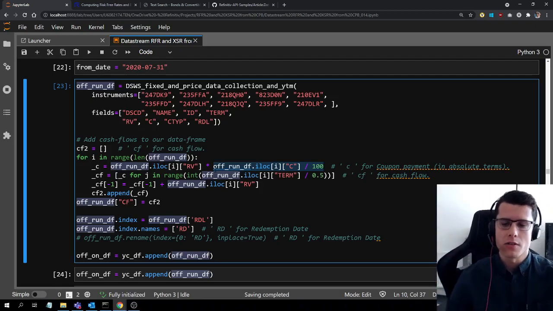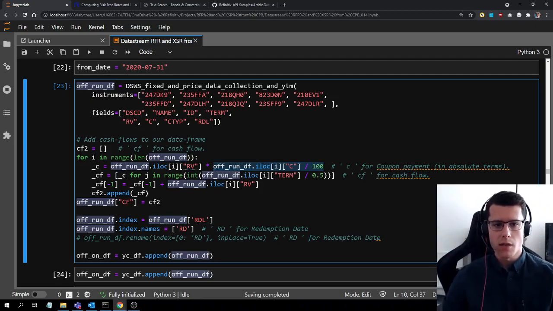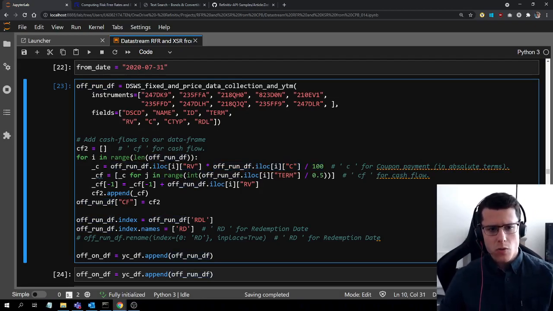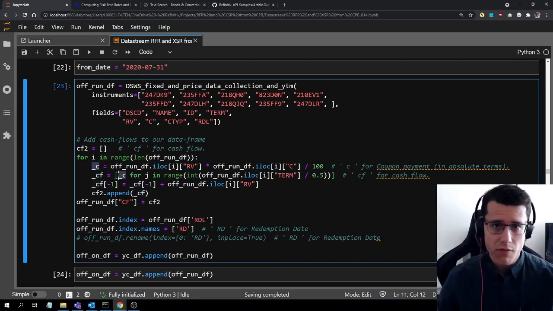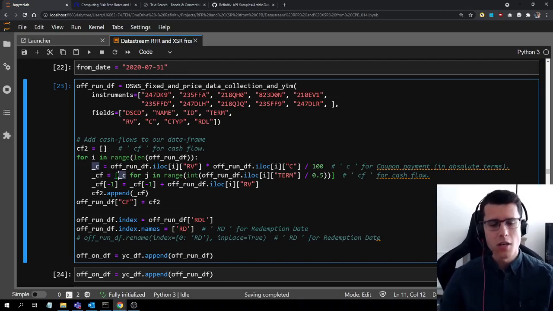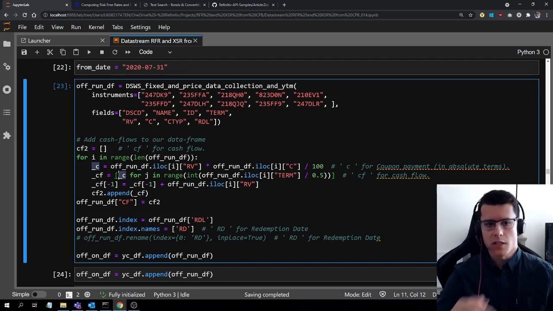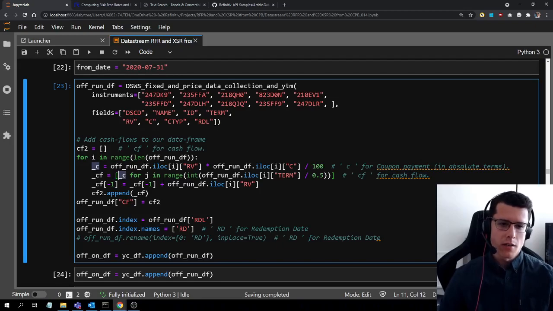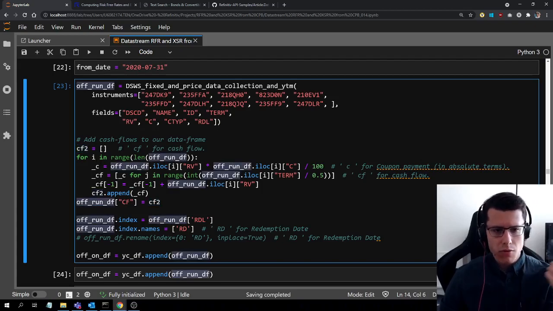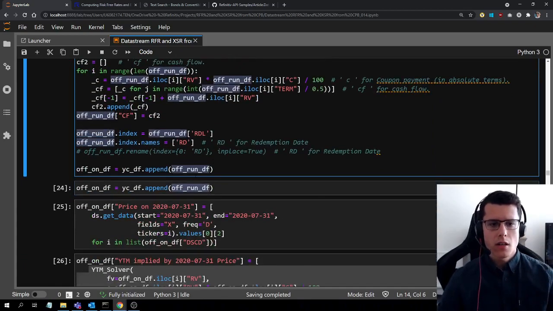So you have to divide it by 100 to get the absolute ratio, and then multiply it by your face value to get your coupon. So that's my coupon, and then I figure out my cash flow. I add the coupon to whatever the face value is every 6 months if it matures. If it doesn't, it's just a coupon. And that's what it does right here. So I've got my CF2, which is my list of cash flows, and I run through this for every bond. And this is what I've got here.